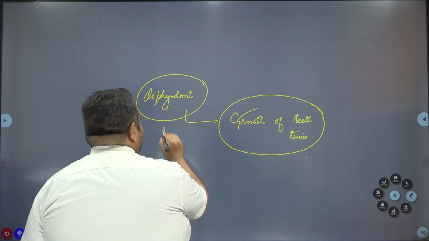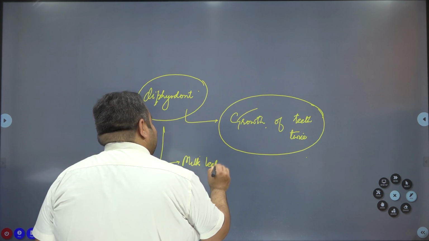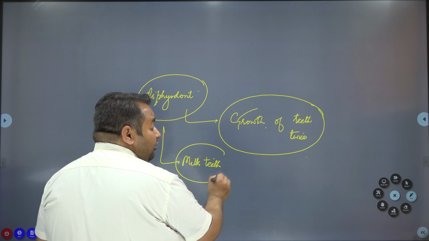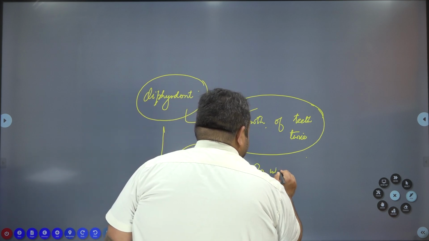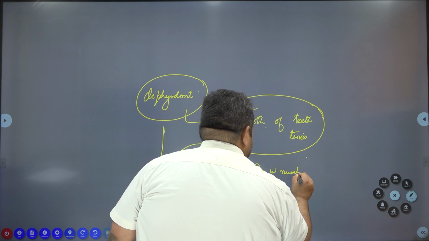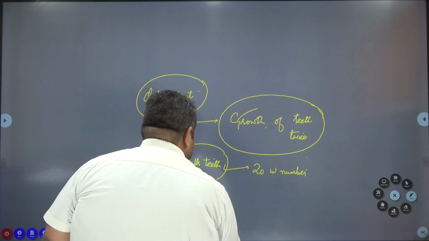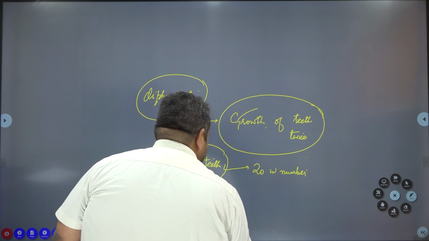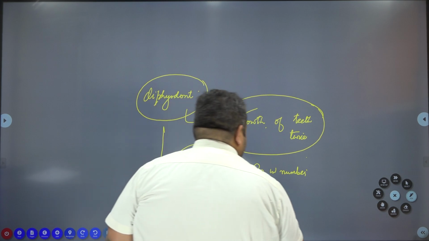The first teeth in humans we call milk teeth, which we will be discussing later along with the dental formula in humans. Milk teeth are 20 in number. And second are the permanent teeth. Permanent teeth are 32 in number.